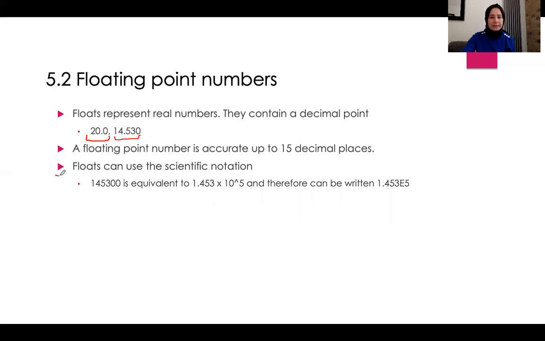Another thing that we can know about floating numbers is that a float can use scientific notation. So for example, we have an integer number here, and this is equivalent to this one, and therefore we can write it in scientific notation, and this is the scientific notation of the number that we have.